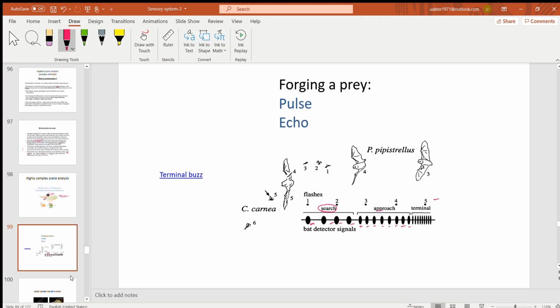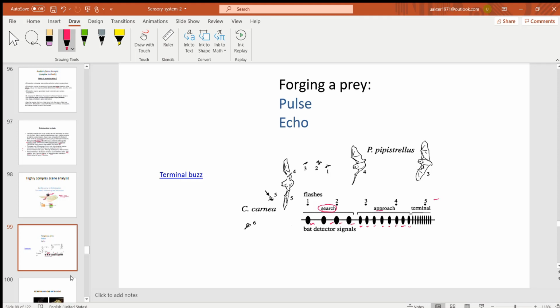And it makes sense because as they go closer, they have to wait less time to produce the next one, because the arrival of the echo will be faster than when it was away from the object. So when it gets closer and closer to the object or prey, it will increase the frequency of pulses.